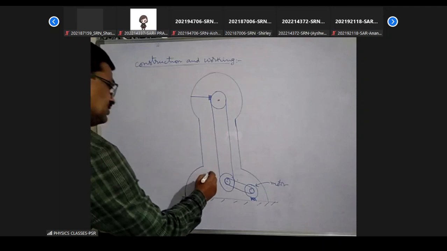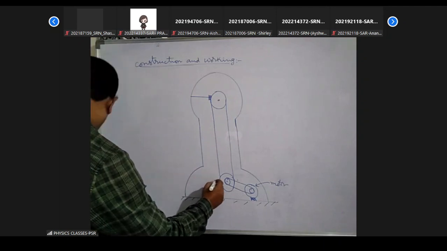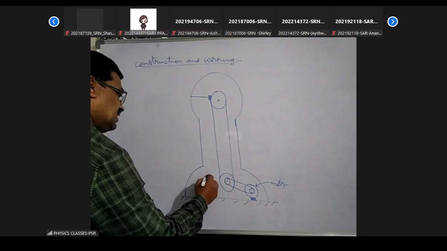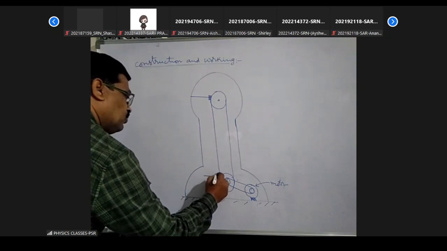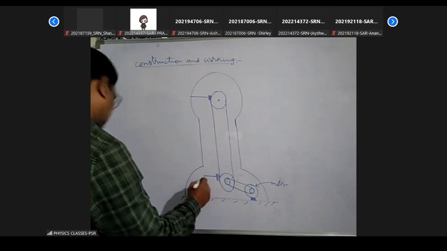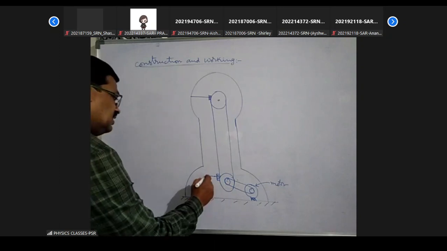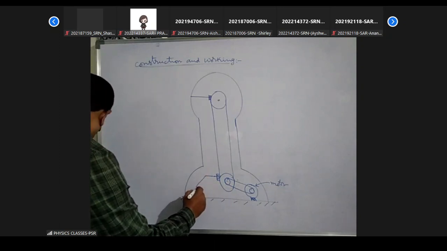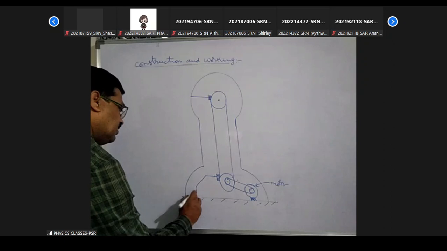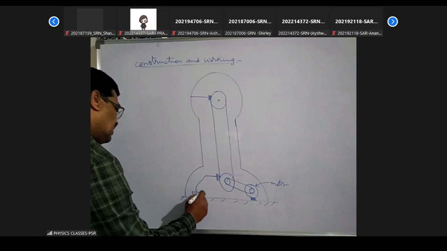Here also, a brush is arranged to this belt, so that the charge flows onto the belt. This is another brush, connected to a fixed support like this.